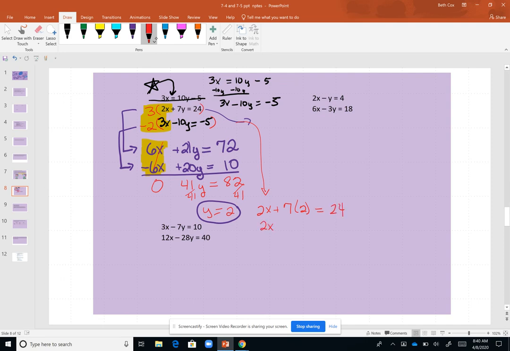So 2x plus 14 equals 24. Subtract the 14 on both sides. 2x is equal to 10, so x is 5. Alright, so for this third example here, my answer is (5, 2).